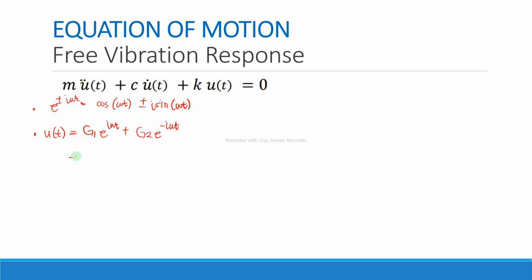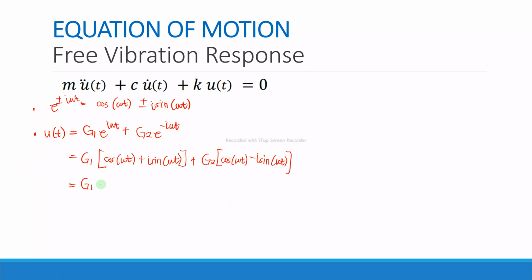So let's just substitute. We have g1 times quantity cosine omega t plus I sine omega t, plus g2 times quantity cosine omega t minus I sine omega t. Okay, let's just distribute.